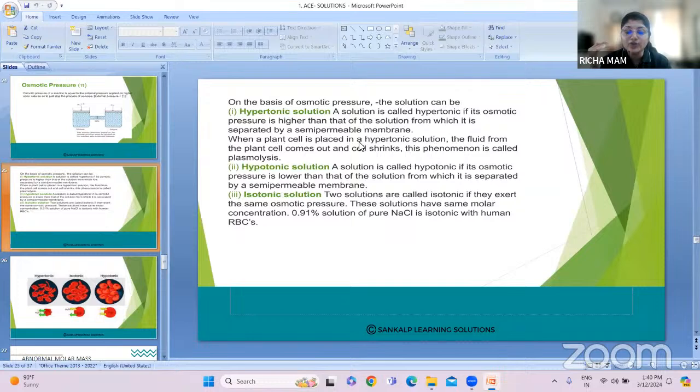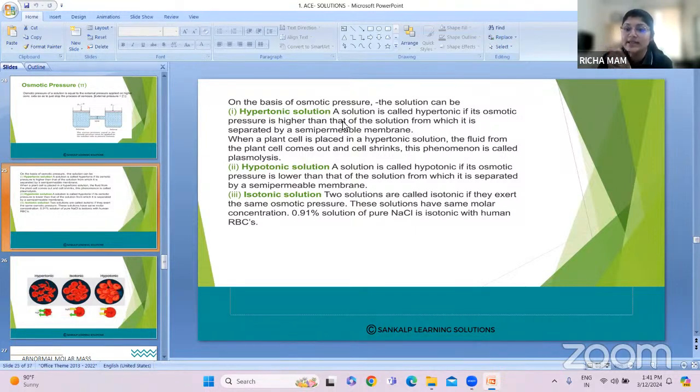The water will flow out of the cell and the cell will start to collapse, because the concentration of the NaCl solution is higher. The cell will shrink. This is an example of a hypertonic solution.